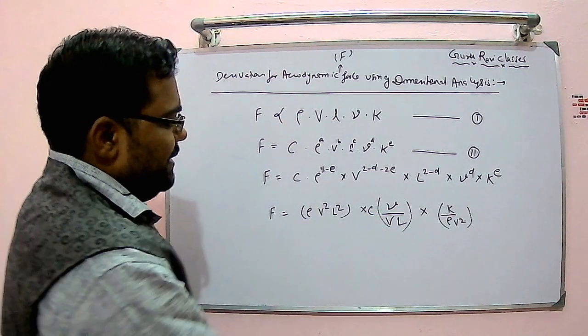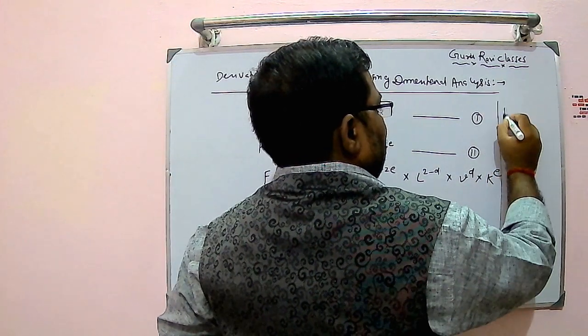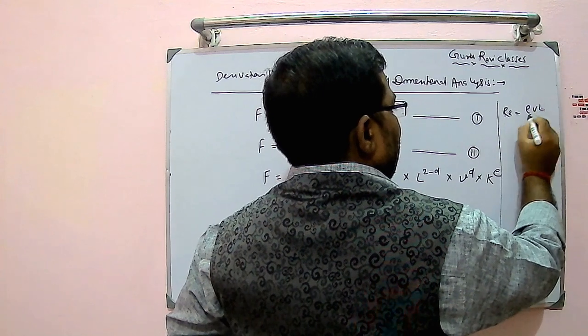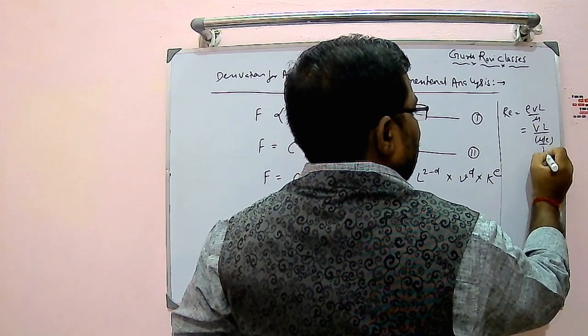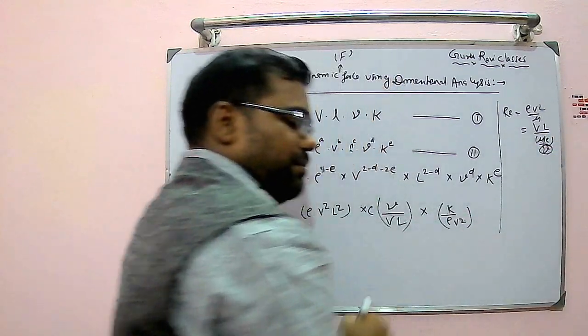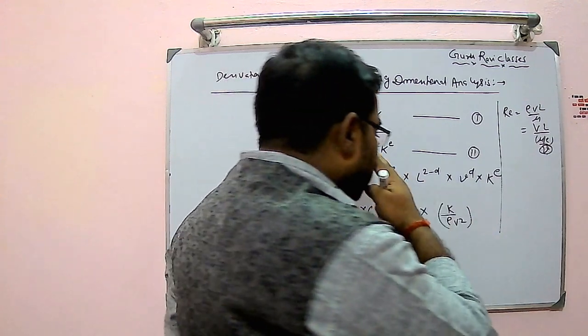If you look at this, rho VL by mu is the Reynolds number, and this can be written as VL divided by mu by rho, and mu by rho is nu. So nu by VL is the Reynolds number, and this is basically a Mach number, that you will come to know.